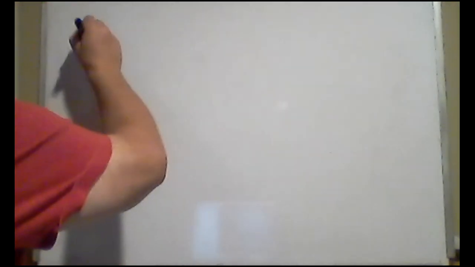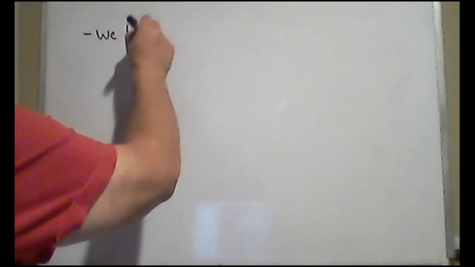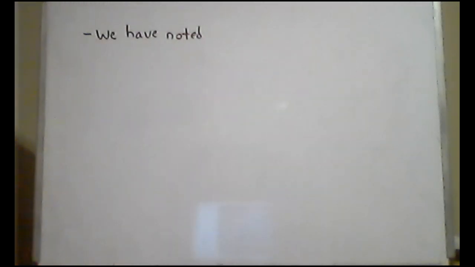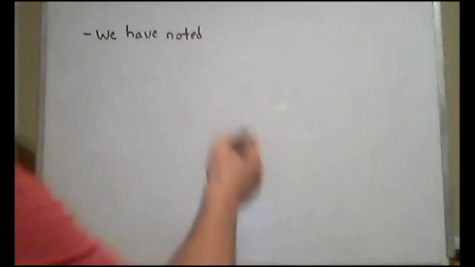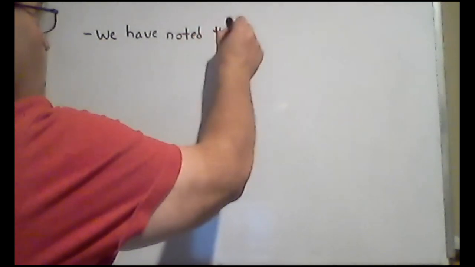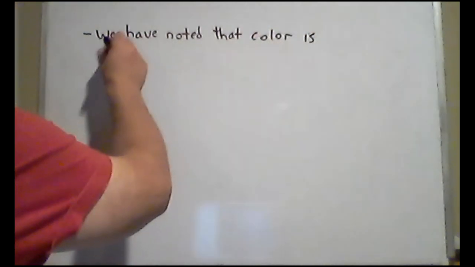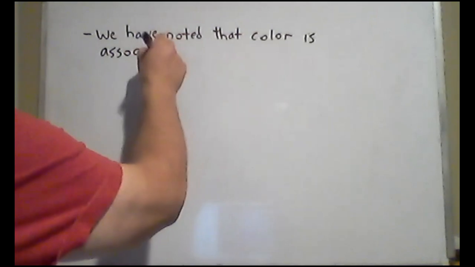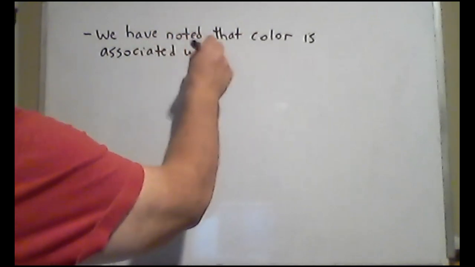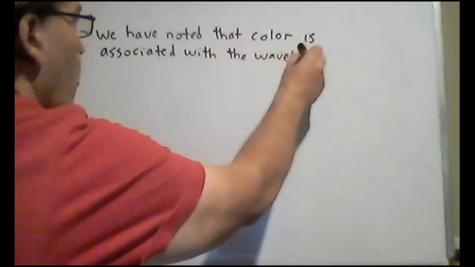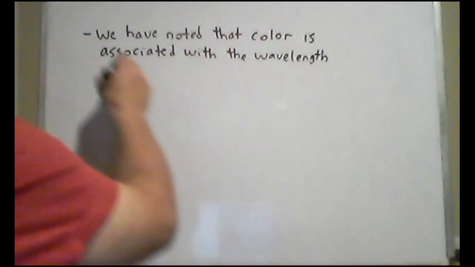So first of all, the obvious. We've noted that color is associated with the wavelength of electromagnetic radiation.